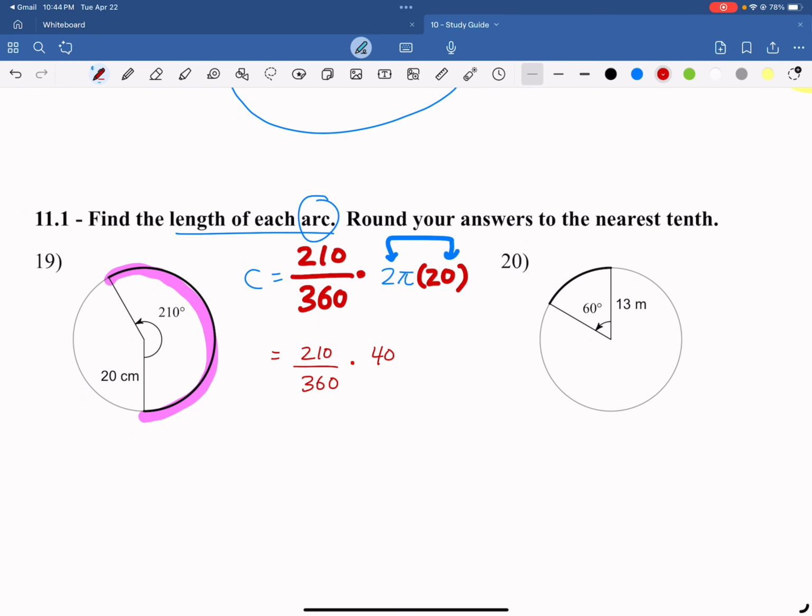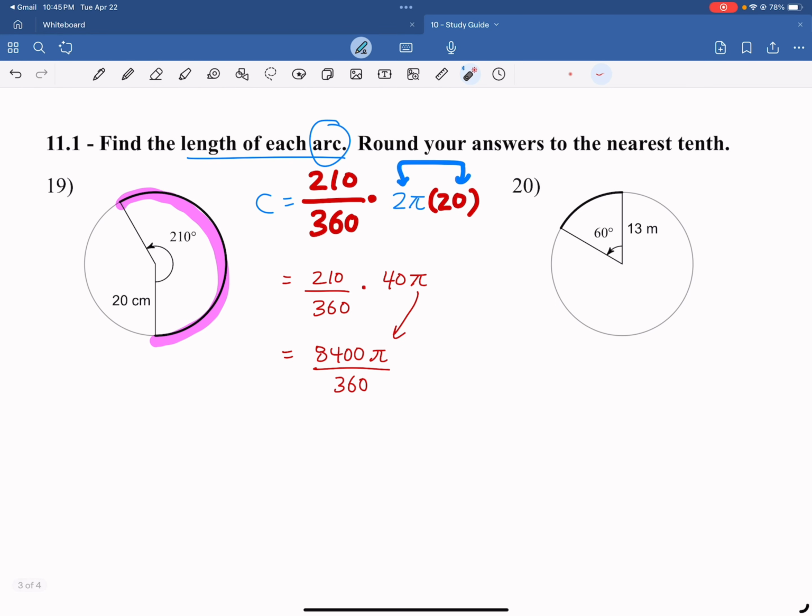Well, that's just 40 pi. And then whenever you multiply a fraction with just a whole number, well, you multiply the numerators. And again, that's because technically there's an invisible 1 here. So 210 times 40 is 8,400. A lot of you guys forget to put pi, but again, that's the key ingredient, okay? Divided by 360 didn't change on the bottom.